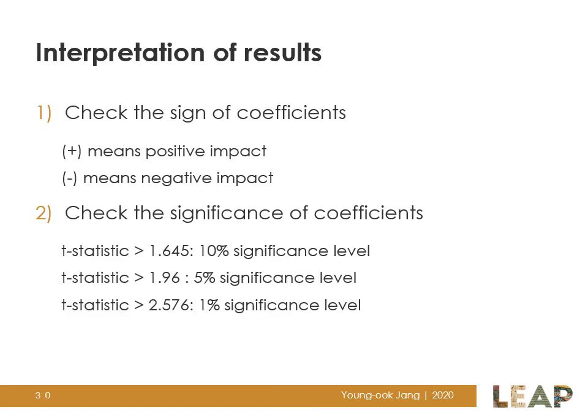So in order to interpret the results, the first thing you need to check is the sign of coefficients. If the sign is positive, that means that the variable has a positive impact. If it's negative, then it has a negative impact. The second thing is the significance level, which you have to check in the table. Usually the significance of the coefficient is in brackets below the coefficient.